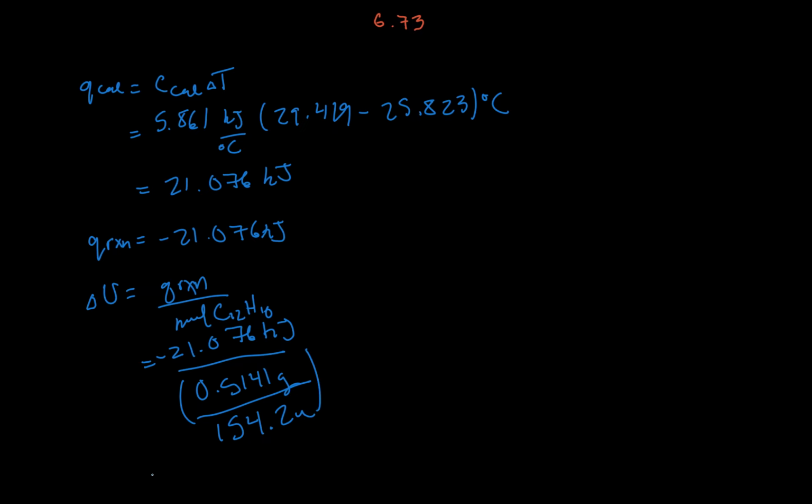All right, and our internal energy value then equals negative 6321.57. And now we have the appropriate units of kilojoules per mole. Okay, so that bit is done.